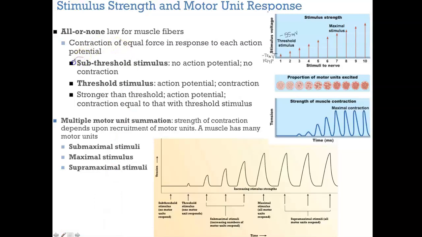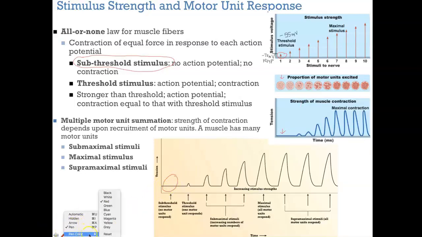So our sub-threshold stimulus: no action potential, no contraction. We see here, didn't reach threshold. Here, there are no motor units that are excited, so no fibers really working there, and no tension created here. And basically, we're just left down here, no tension again.